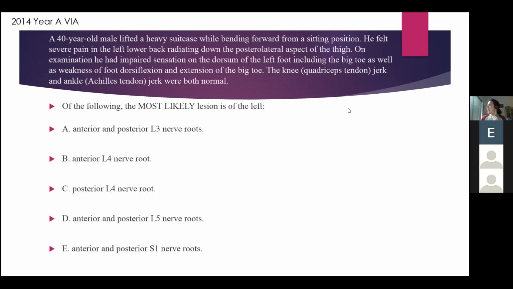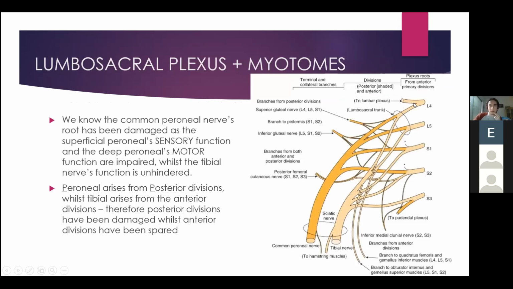That's right. So this is nerve roots, and these ones are actually quite hard. Now, I think it's posterior L4, but okay, yeah. So this one is one of the trickiest questions here, and it takes this sort of nerve root knowledge that seems very low yield, and then when you get into next year, people will start asking about nerve roots, dermatomes and myotomes.